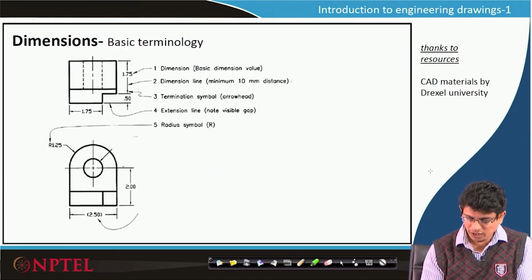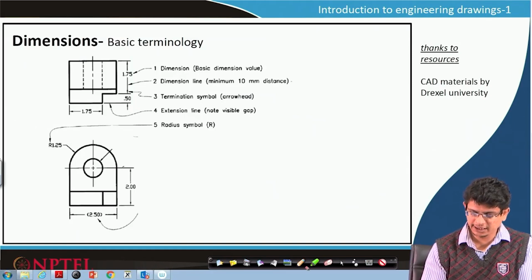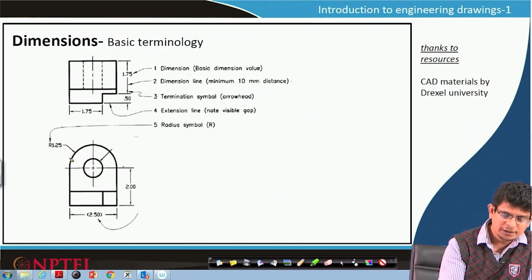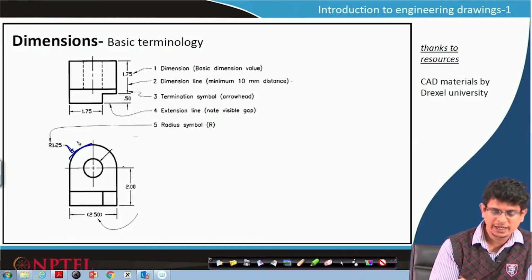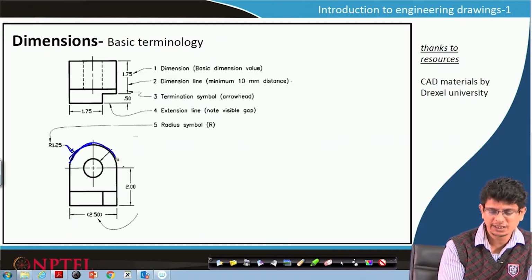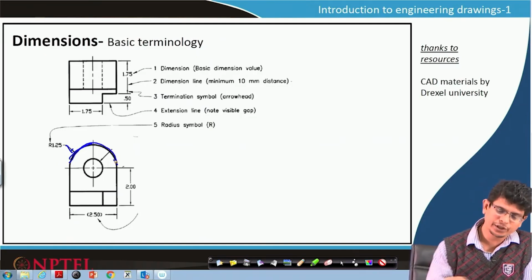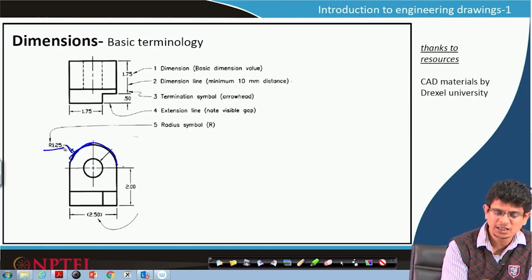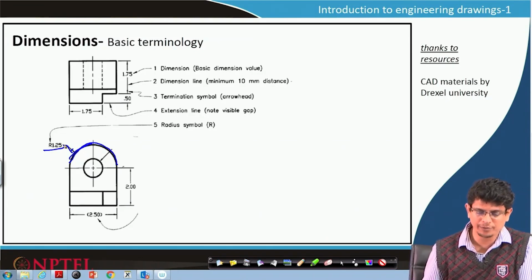Whenever curves are involved, it is a common practice to show the radius of that dimension. For example, here we have a semicircular arc. So, it must be having a radius of 1.25.